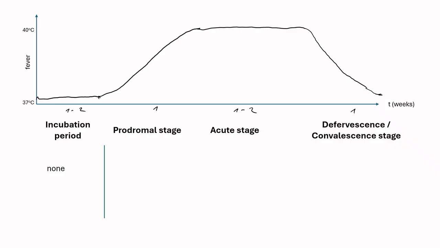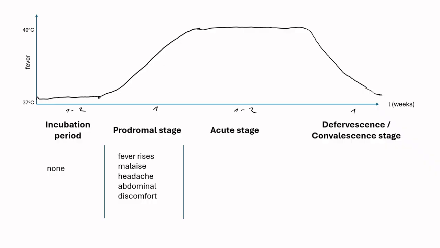Prodromal stage means not yet those very disease-specific symptoms, but rather general symptoms. Fever rises, and then these rather unspecific symptoms: general malaise, headache, abdominal discomfort. There are a couple more that you could mention here, but the takeaway is rather general symptoms, so you wouldn't at this point necessarily know, okay, that's typhoid fever.